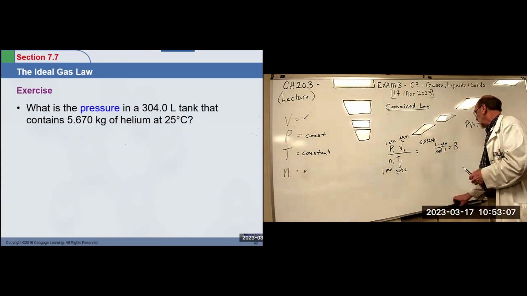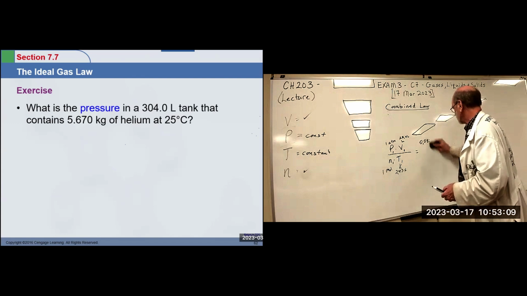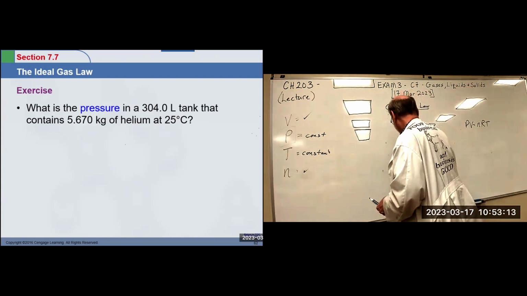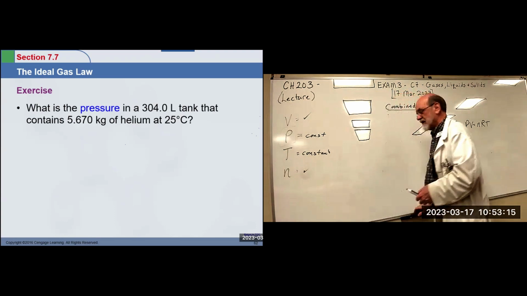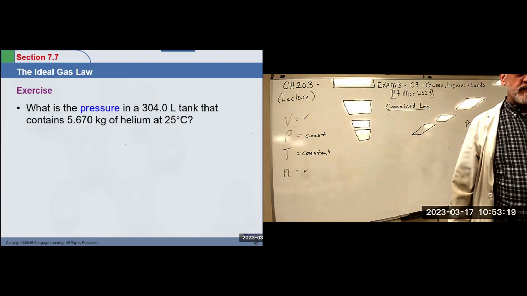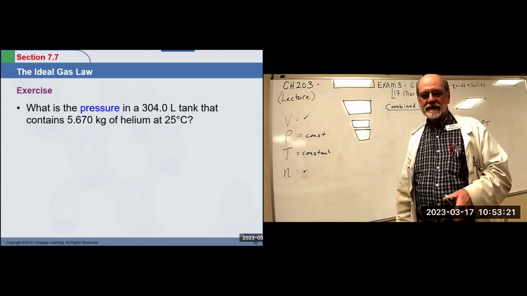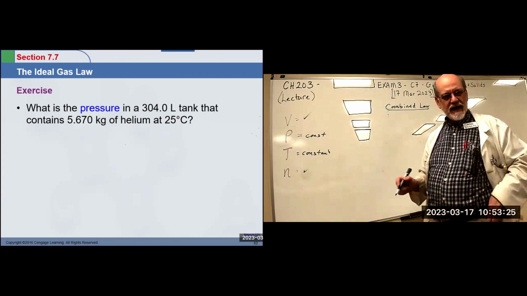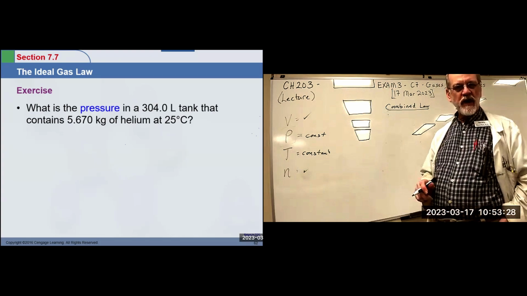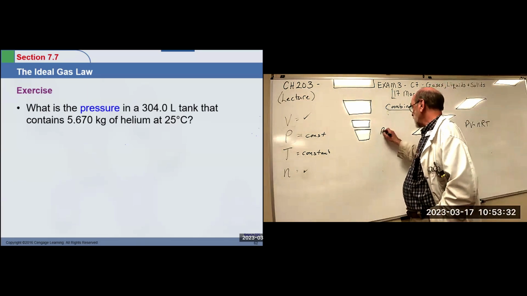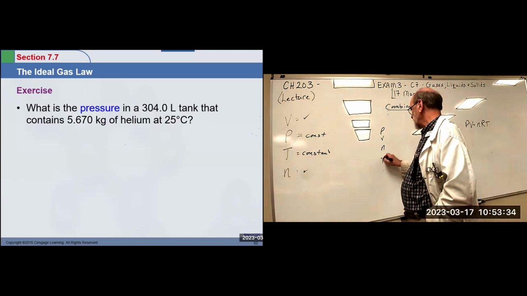Here's another possibility. So in this case, we know what the gas is. 5.670 kilograms of helium in a 304 liter tank. And we want to know the pressure at 25 degrees C. So in this one, we say pressure, volume, moles, temperature.